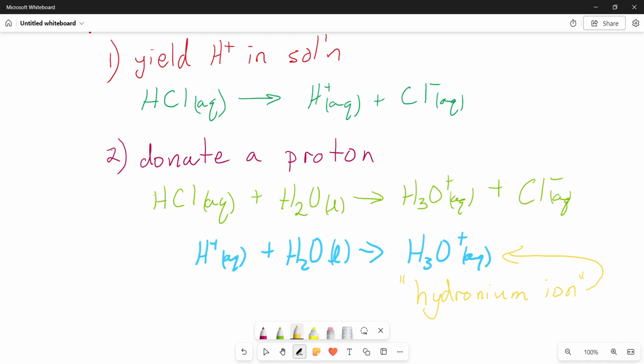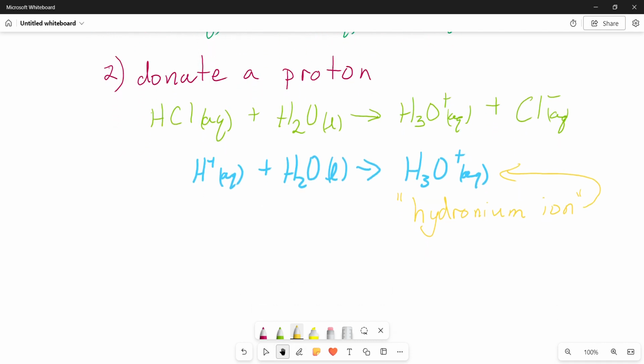Now, the hydronium ion is a bit complicated. It's technically correct in that there is no such thing as H plus in solution. However, H3O plus doesn't actually exist either. What actually exists in solution is something like, I think it's H13O6.